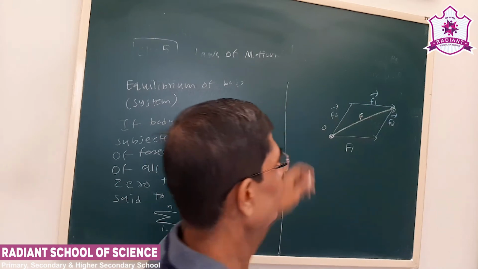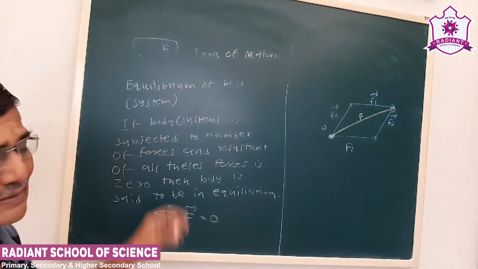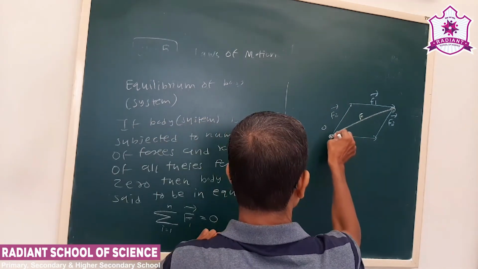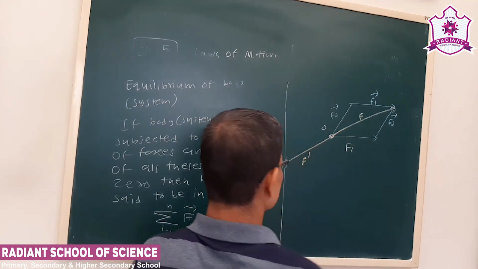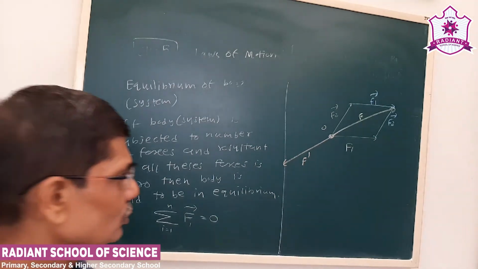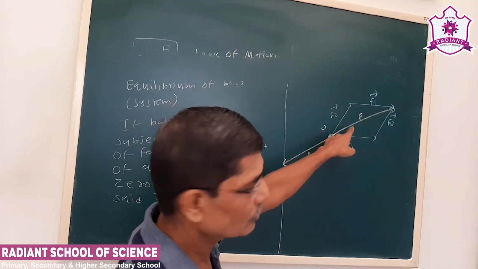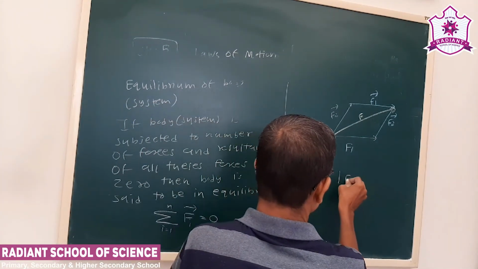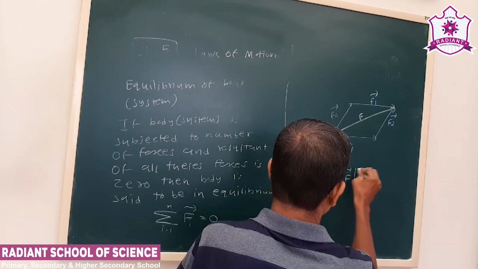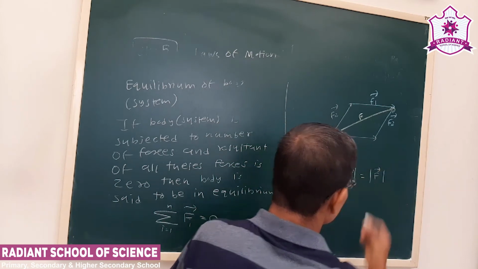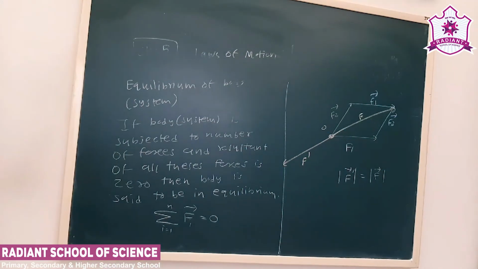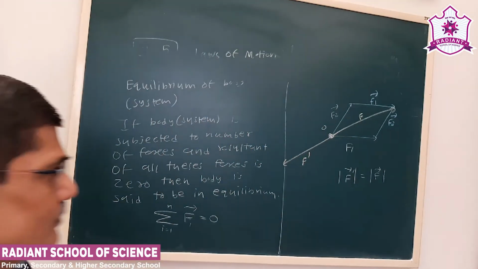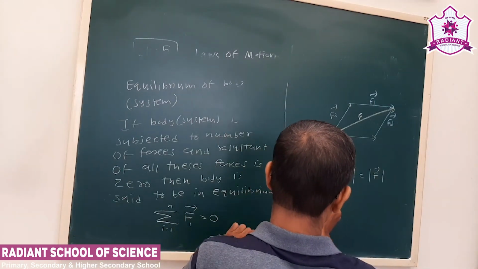This diagonal is the resultant F. Now suppose I want this system in equilibrium, so I have to apply a force F dash of equal magnitude in the opposite direction to this resultant force F. The magnitudes of F dash and F are equal, which we can obtain by calculation, and their line of action is the same, with F dash in the opposite direction.